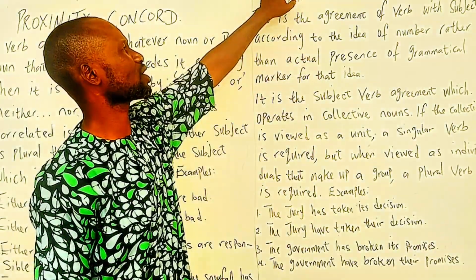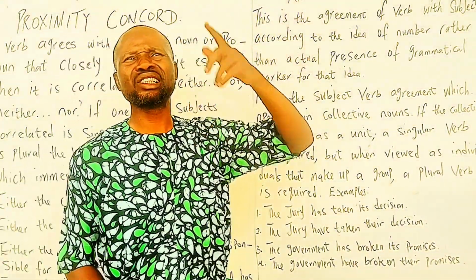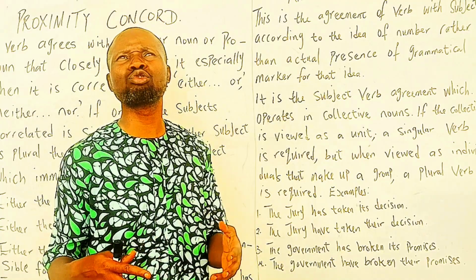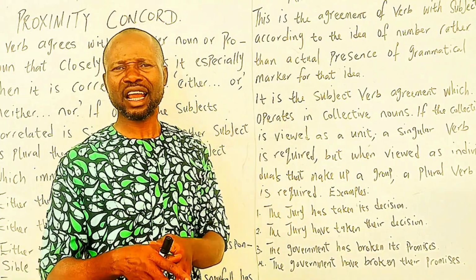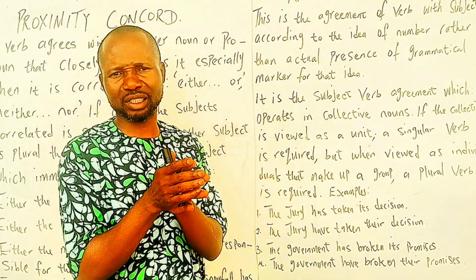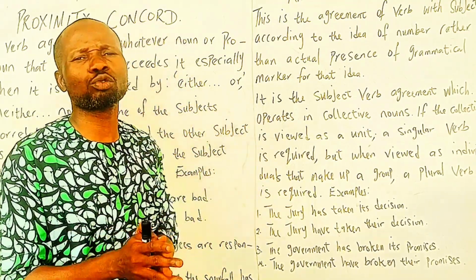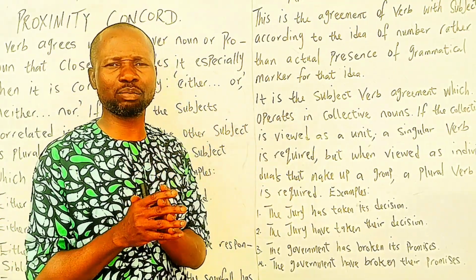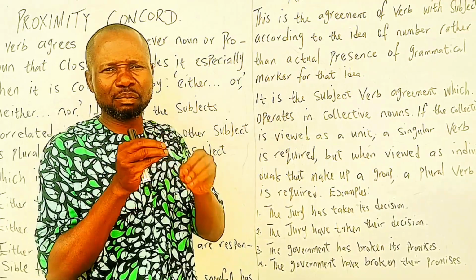Why do we call it notional concord? It relates to something that has to do with organization, entity, government, or establishment. So let's quickly go to the example. You understand what I'm saying because I love making it simple.